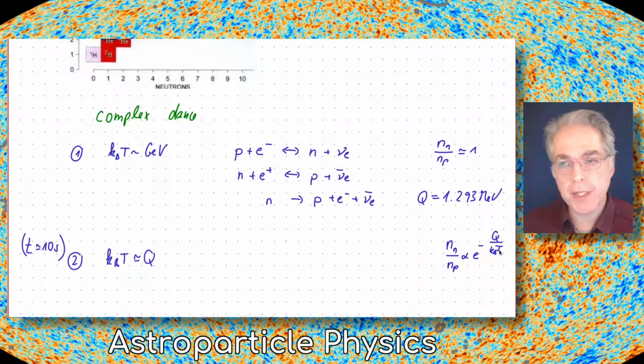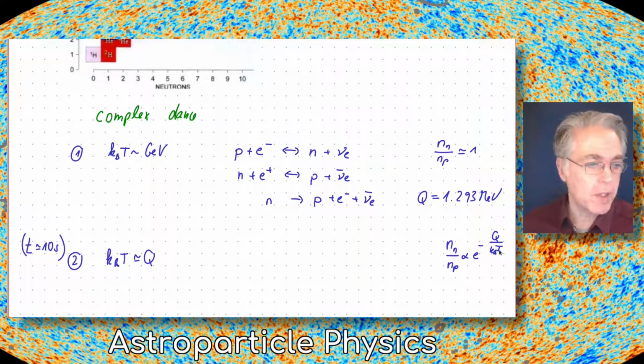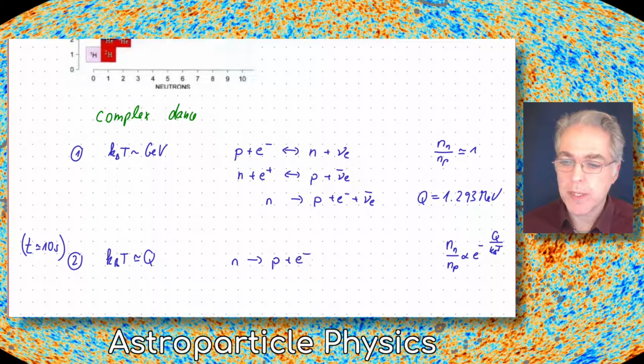So you fix that fraction roughly, and then the neutron will just freely decay to a proton with a beta minus decay.